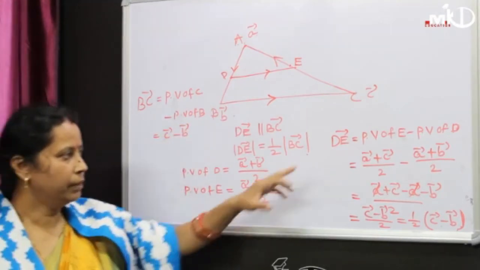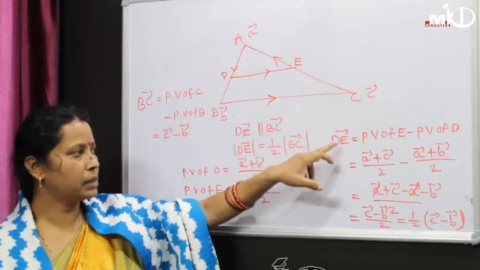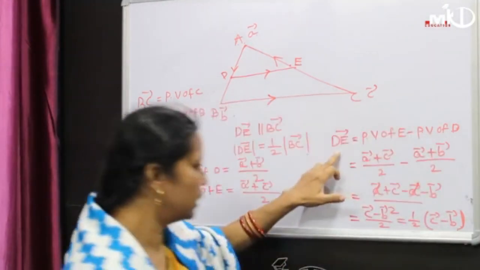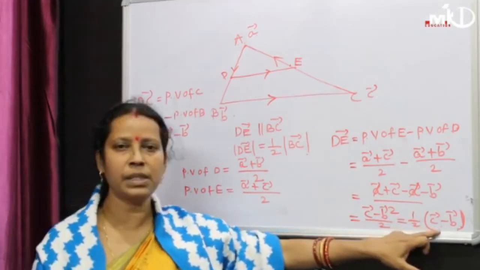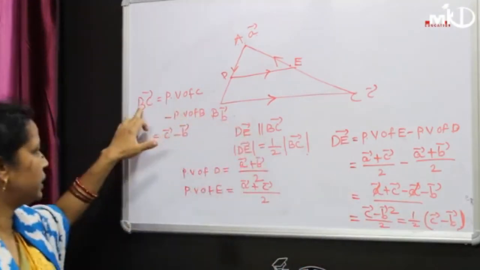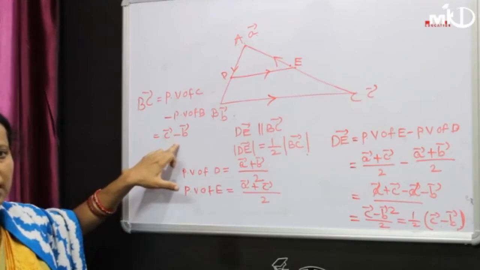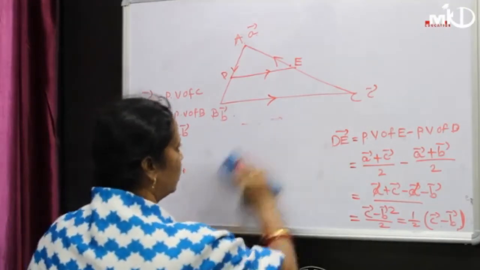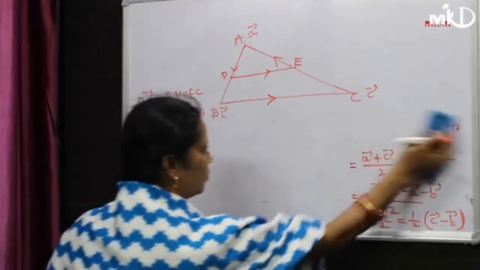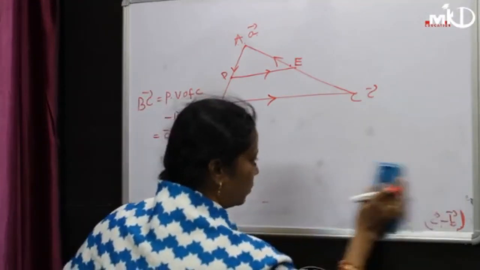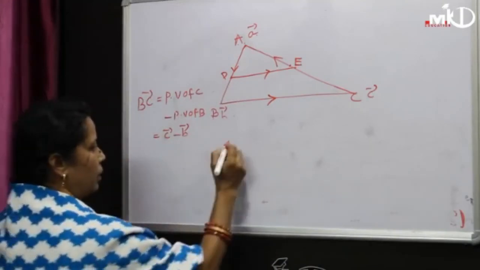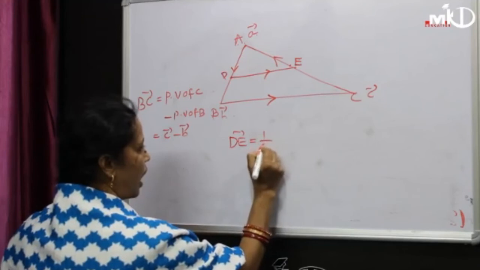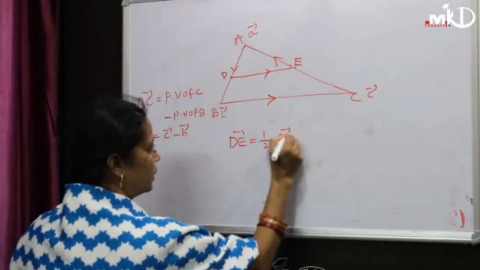Now we can express the DE vector: DE is half of C bar minus B bar, and BC is C bar minus B bar. So DE vector is equal to half of BC vector.